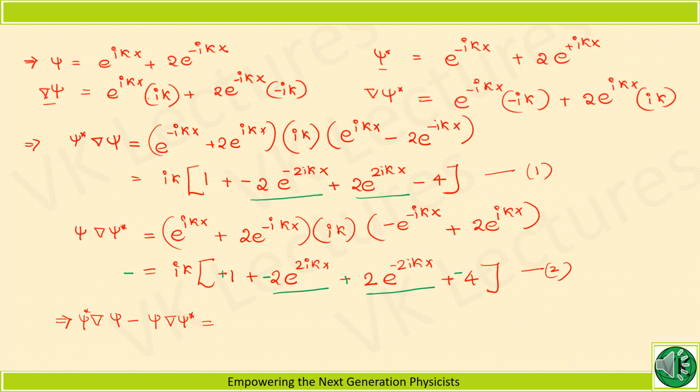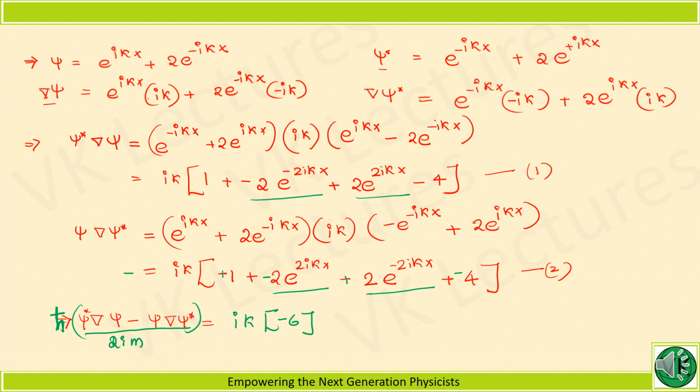So what you have is ik times minus 3 minus 3, that is minus 6. By the formula, you have to multiply it by h cross by 2im, where h cross is the reduced Planck's constant.